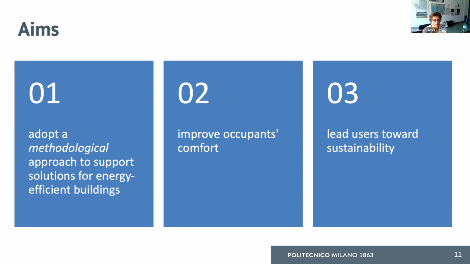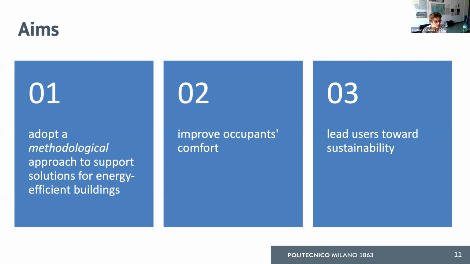The aims are to adopt a methodological approach to be able to design solutions for energy efficient buildings. So the stress is on the methodological approach. The second element is to improve the occupants' comfort, which means that within the boundaries of the energy we want to use, the attention is on their comfort.